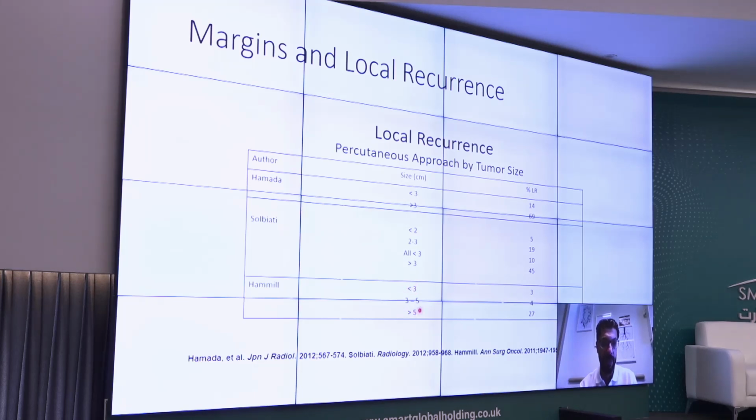However, if it's more than 5 centimeter, or 3 to 5 centimeter, it reached up to 70% local recurrence, but in Hamel's study it was around 27% local recurrence. So this is just to show that it's directly related to the tumor size.